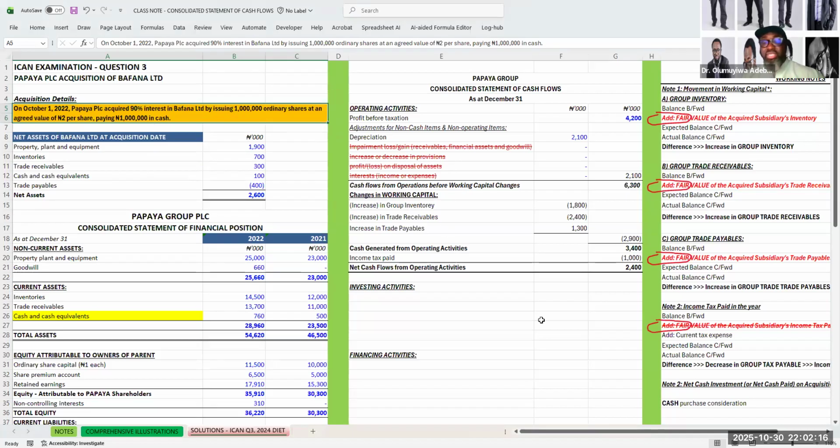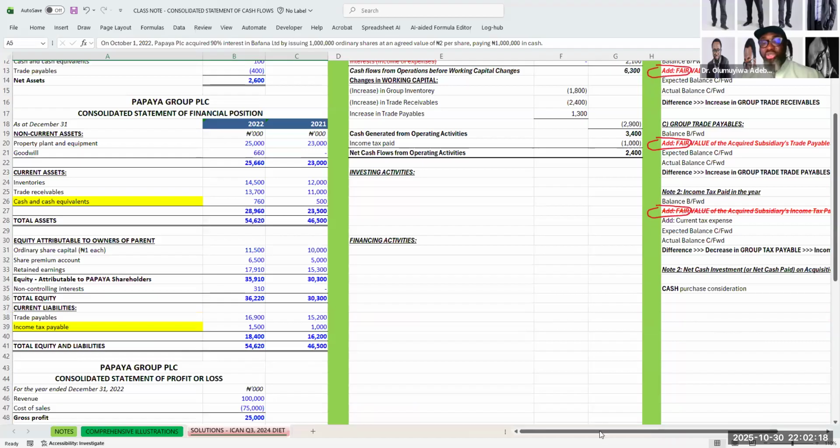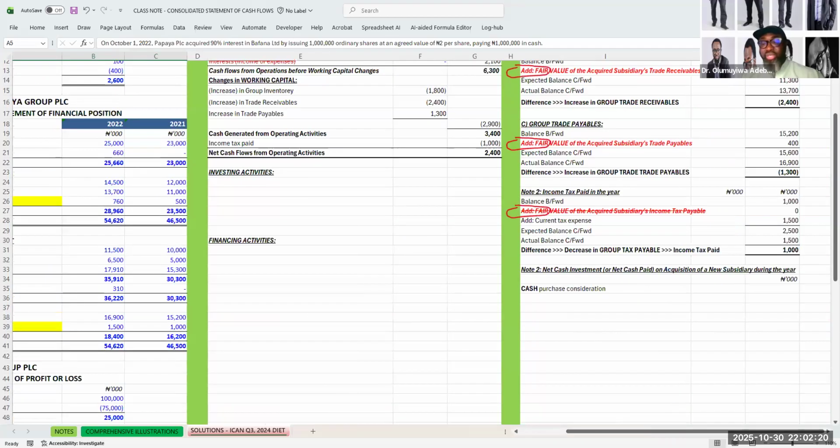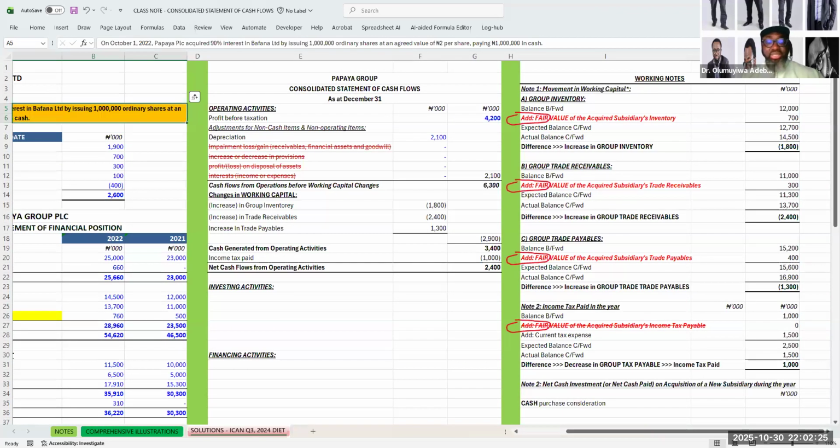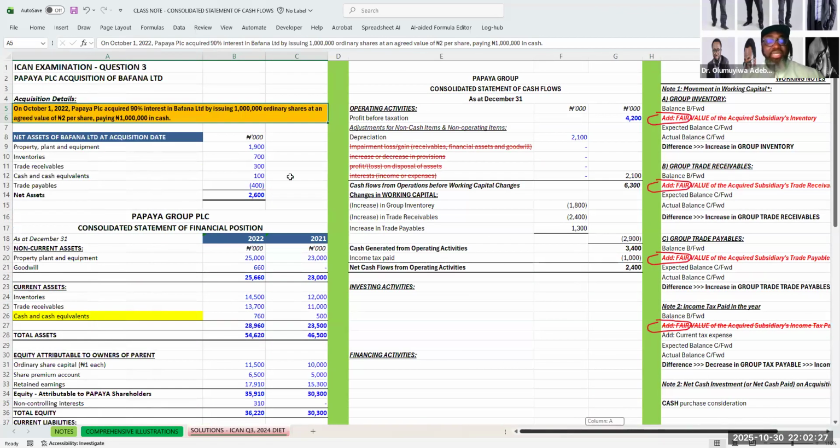Which means the purchase consideration was from two sources, but we are not interested in that. We are only interested in the cash. And therefore, the cash aspect of it is 1 million.